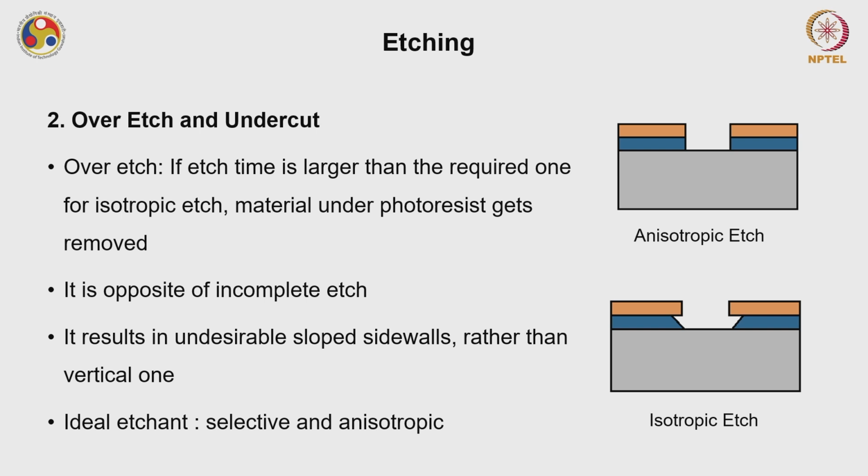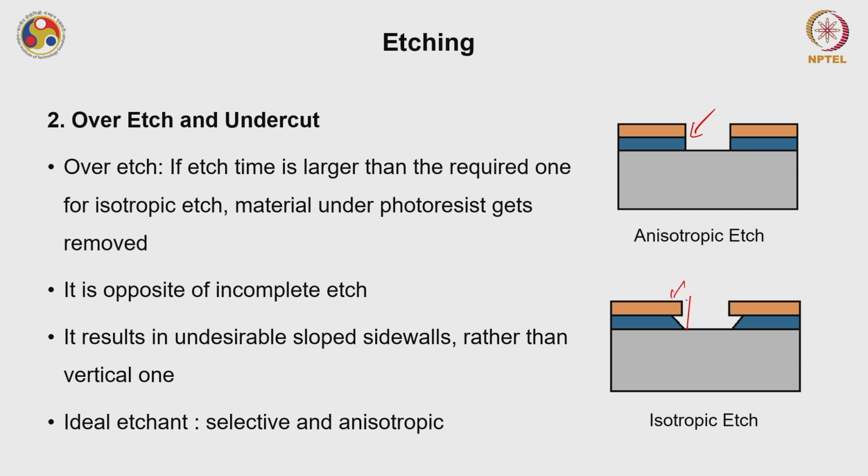However, in this case, although you are using an oxide to protect some film, since you have dipped it in an etchant for a longer time, the wet etchant can etch down the film under the mask also. So this process results in undesirable sloped side walls, and the vertical profile that you wanted is not achieved.